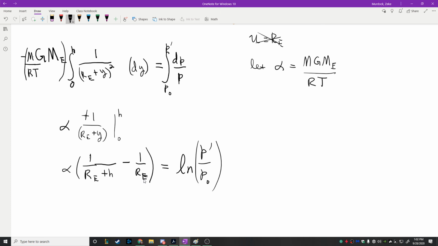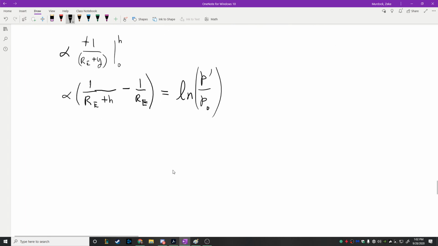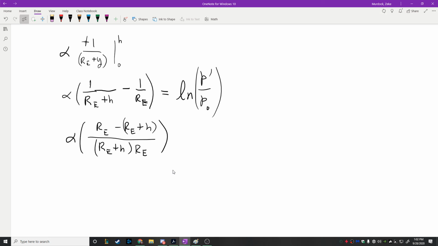We can simplify the stuff in here probably a little bit too so it doesn't look so bad. So it's like alpha times R_E minus R_E plus H all divided by R_E plus H. So this becomes alpha times negative H, right?